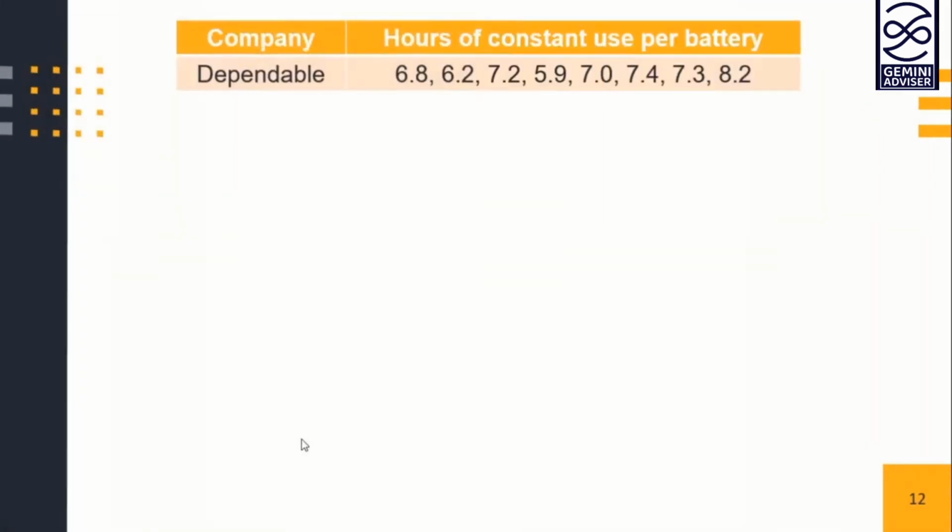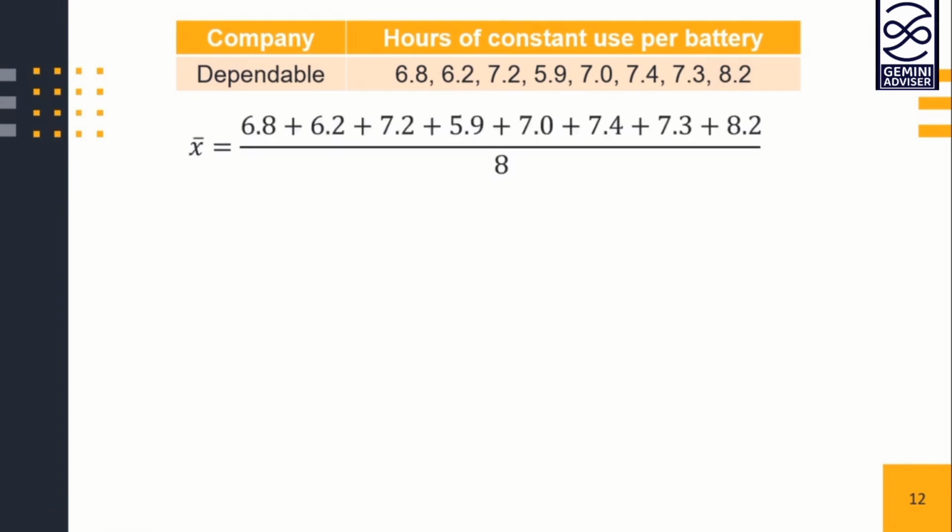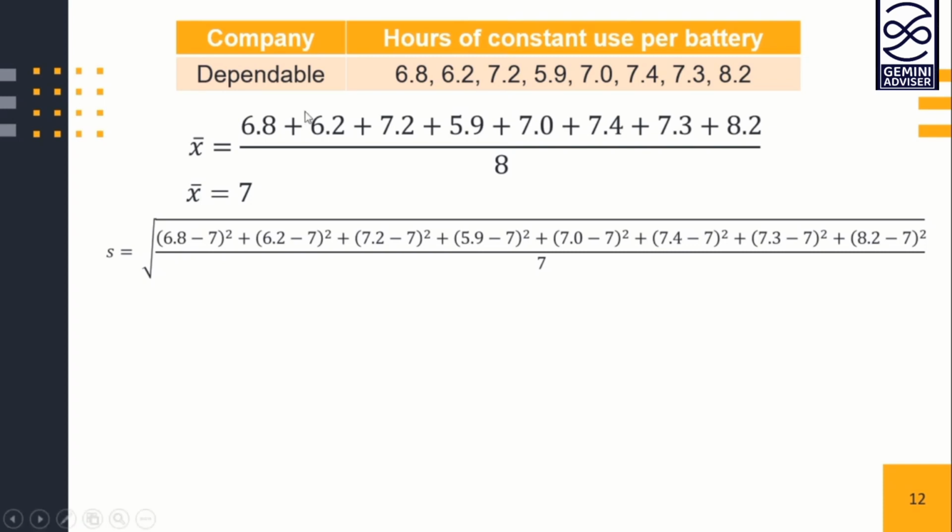Next. Sa pangalawang company naman, yung Dependable, same process, add muna natin para makuha natin yung average or yung mean value natin, divide by 8, so the mean value is 7, same dun sa unang company. And after that, substitute natin para makuha natin yung standard deviation nito.